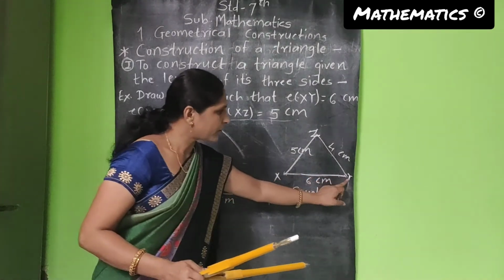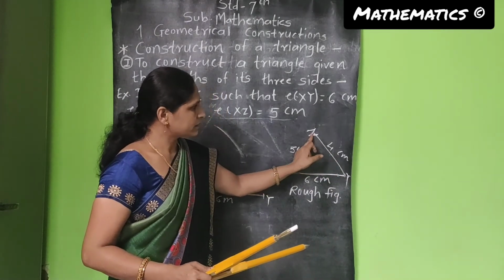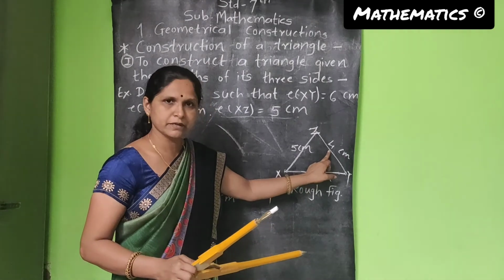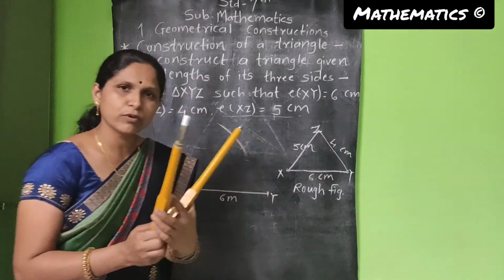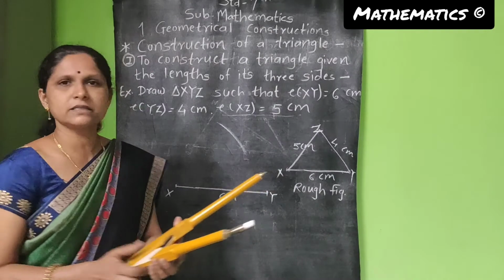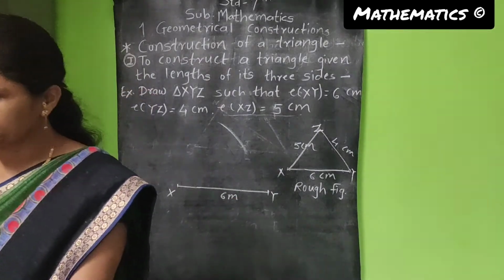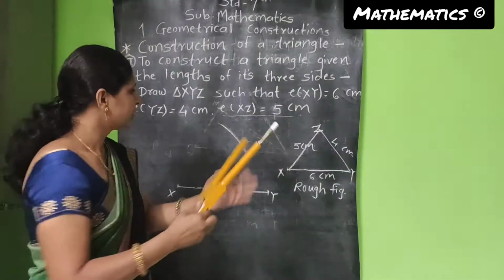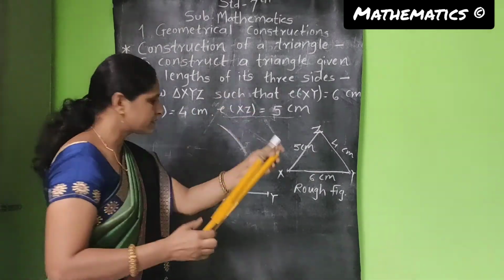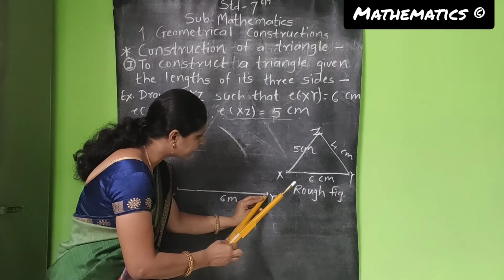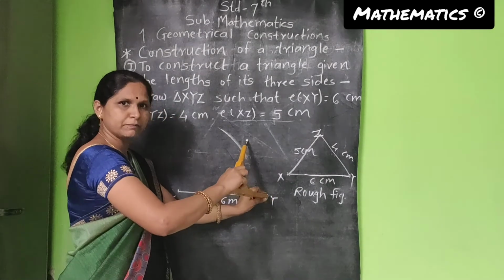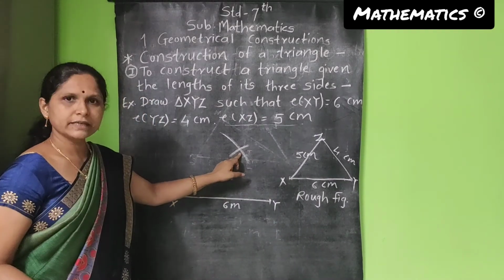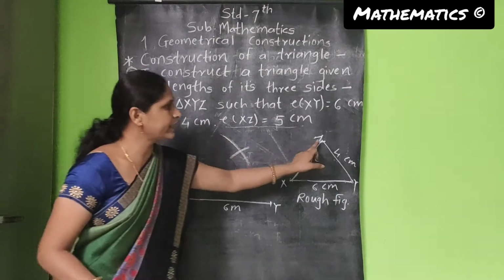Then from Y, how much distance? It is 4 centimeters. Take a 4 centimeter distance in your compass using the ruler. Put the tip of the compass on point Y and cut the previous arc. And we get the intersection point. It is point Z.